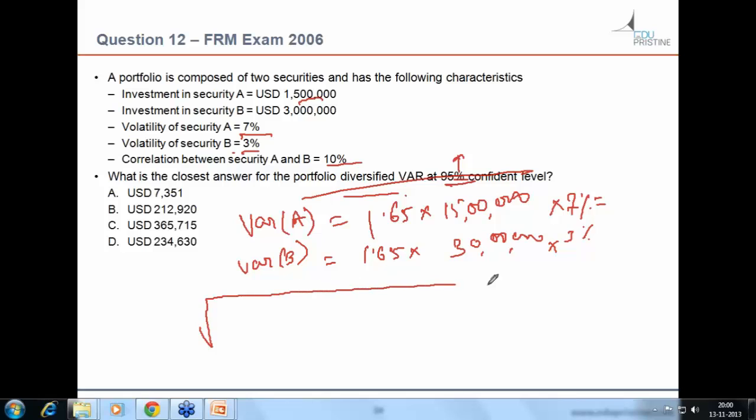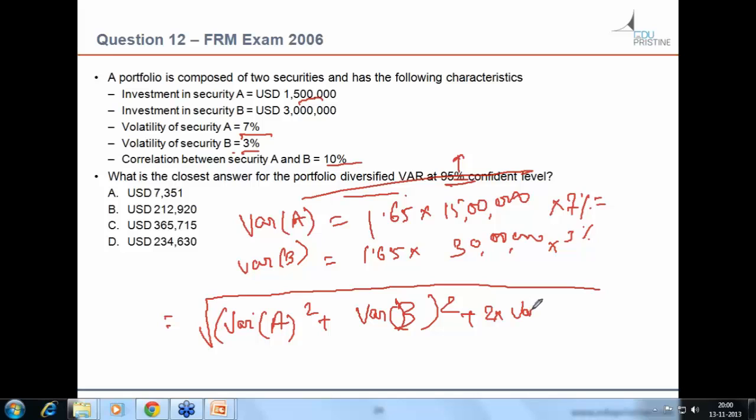I'll not get into the detailed math of this and what the values are, but whatever values you get for this can be used to calculate the portfolio VAR. So it is VAR of A the whole square, plus VAR of B the whole square, plus 2 into VAR of A into VAR of B into correlation.